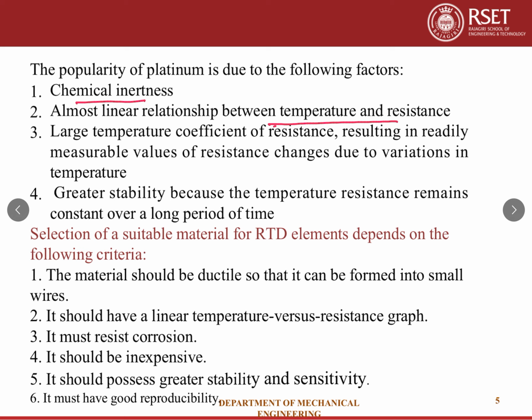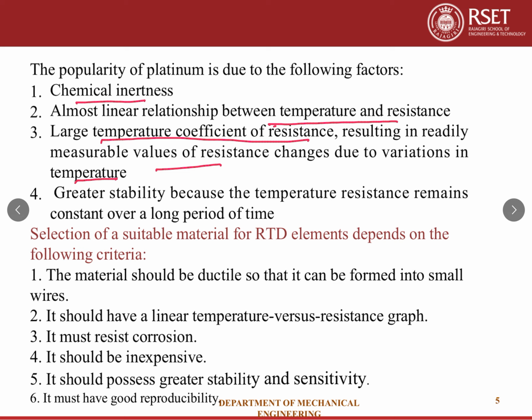A large temperature coefficient of resistance, resulting in readily measurable values of resistance change due to variation in temperature. And the greatest stability, because the resistance remains constant over a long period of time.